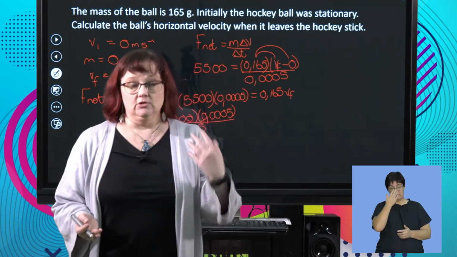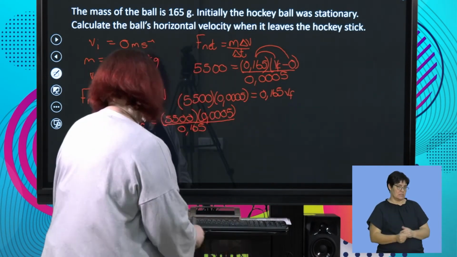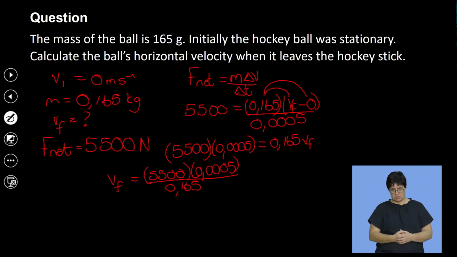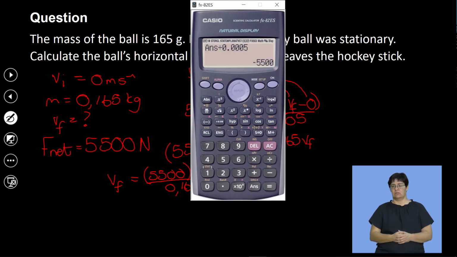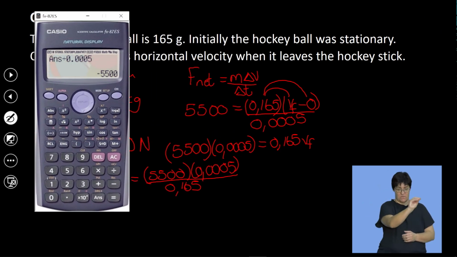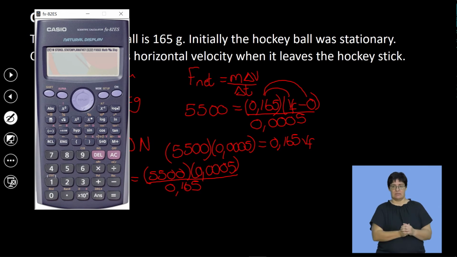And we absolutely need to put this on our calculators, okay? I can't do this in my head. So, let's just put the calculator over here so we can see all my numbers. So we've got 5,500 times by 0.0005. I push equals. Now I'm going to divide that by 0.165.